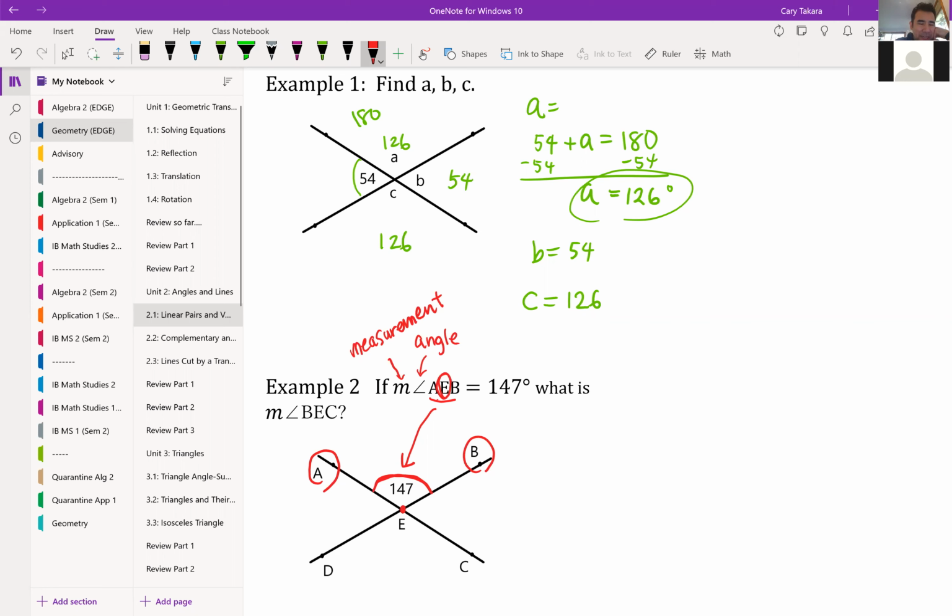Now, what is the question? We need to figure out the angle measurement of BEC. Where is BEC? Can you guys point out where BEC is in your notes? Where? Now, BEC.